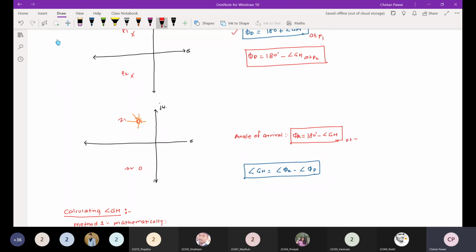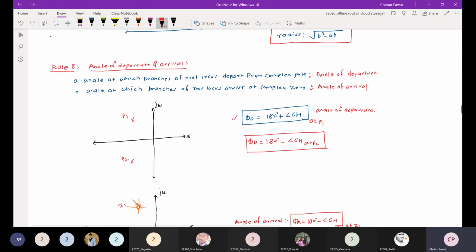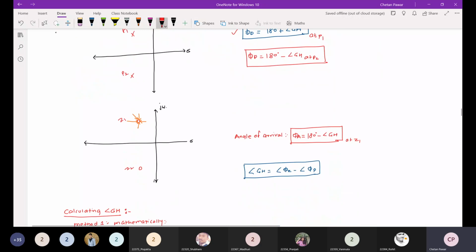At Z1, the angle of arrival will be 180 degree minus angle of GH at Z1. You just need to put Z1 into GH, calculate the angle, and use this formula to calculate the angle of arrival. Similarly, you can use the formula for the angle of departure. Just see at which pole or zero you are calculating the angle of arrival or angle of departure. That is important.